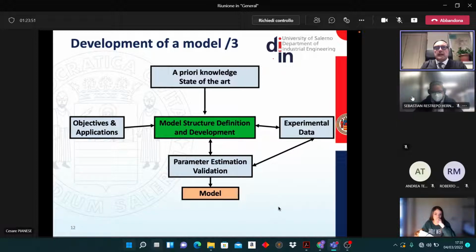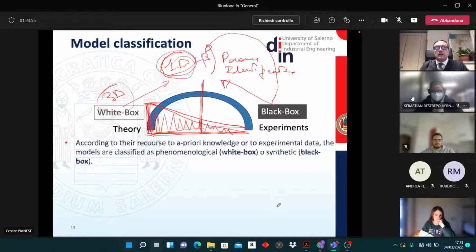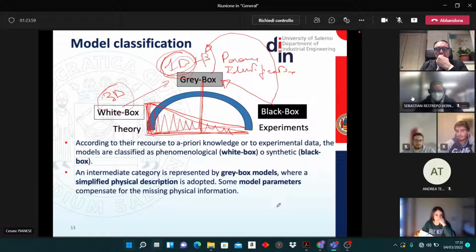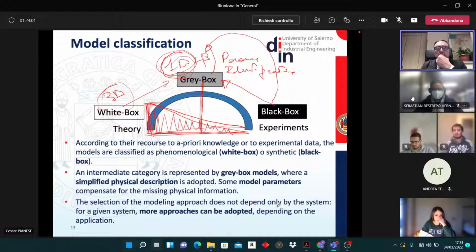Okay, this was the slide, of course, we saw before, so this is the classification of the models, and I was explaining to you, as you remember.